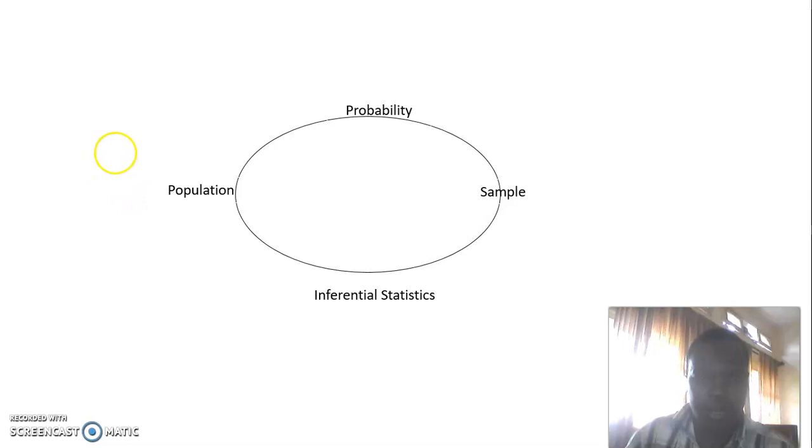So, in order for us to save costs, we need to select a representative of the population, which is a sample, and we need to use inferential statistics, compute inferential statistics to help us make decisions about the population. And in order for us to do that, we need to understand the concept of probability.